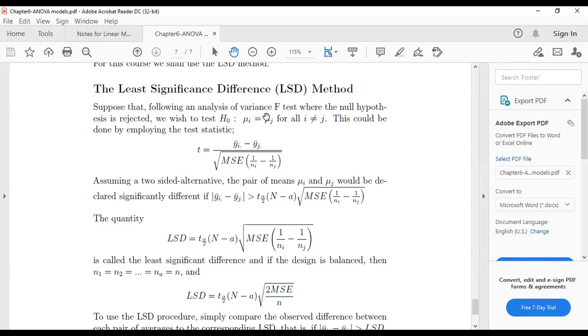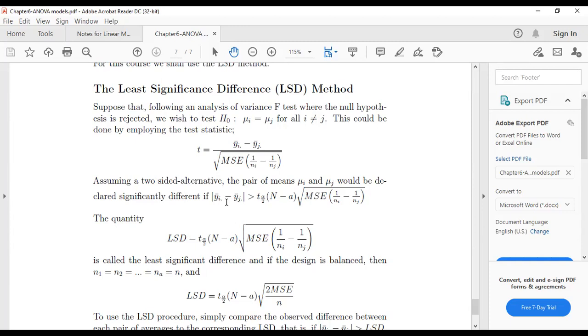So assuming a two-sided alternative, the pair of means mu i and mu j would be declared significantly different if the difference of their means is greater than t alpha over 2, with n minus a degrees of freedom, multiplied by the standard error.